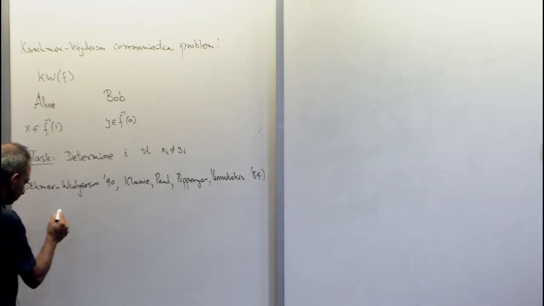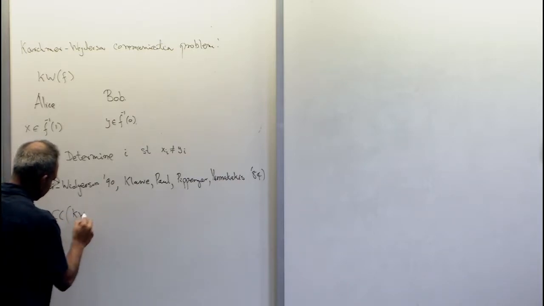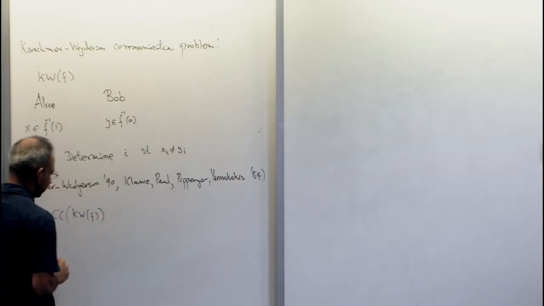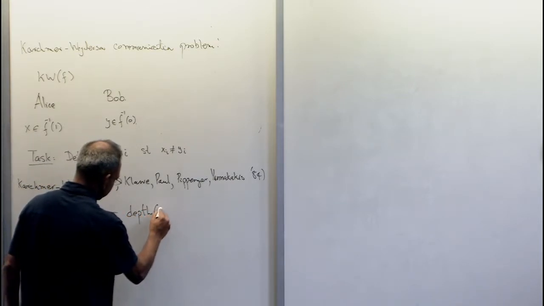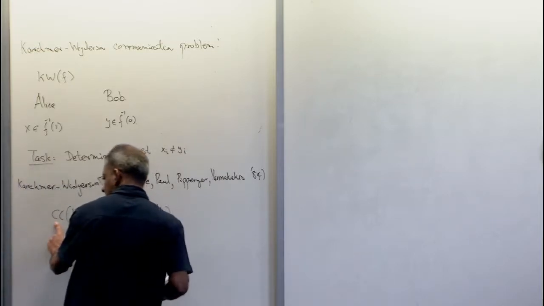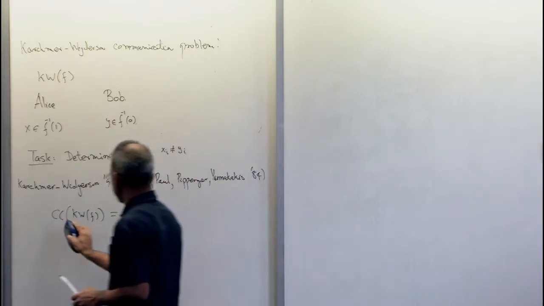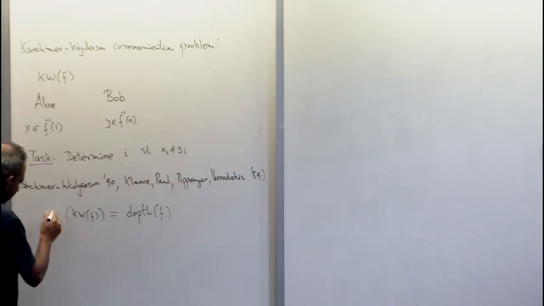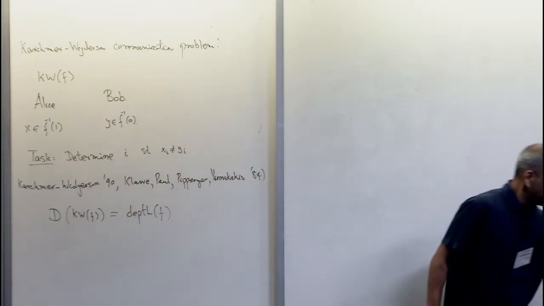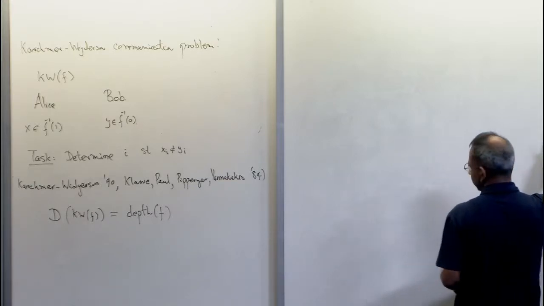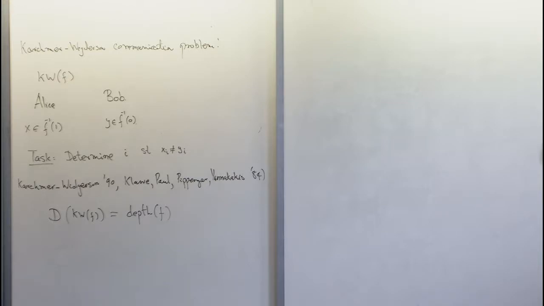So once again, let me write it down. The communication complexity of the Karchmer-Wigderson problem for f, I mean the deterministic communication complexity, equals the minimum depth for f.